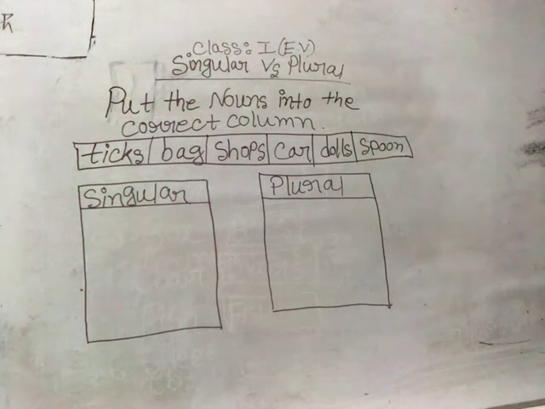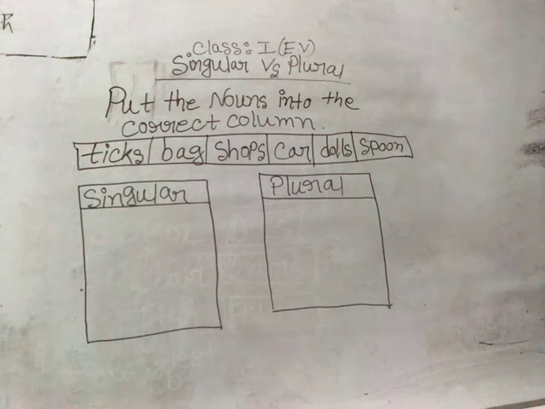If there's an instruction like put the nouns into the correct column, you can see here there are some clues like ticks, bag, shops, car, dolls, spoon. I repeat, in the boxes you can see some nouns together. These are ticks, T-I-C-K-S, ticks means the tick mark.